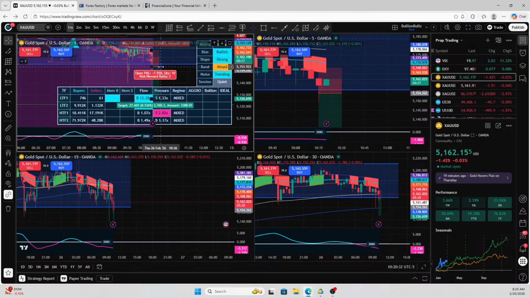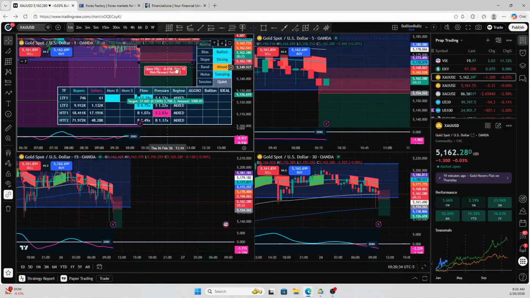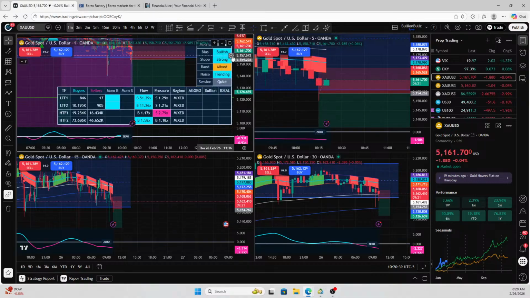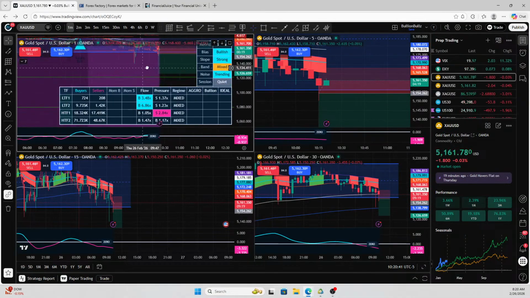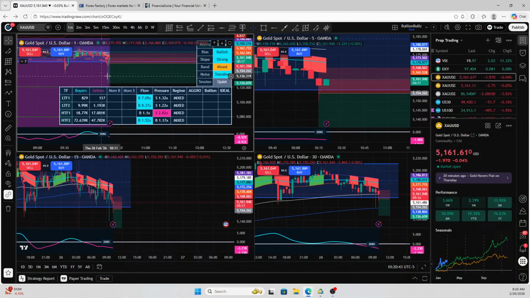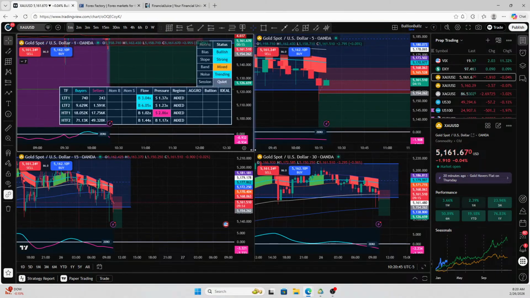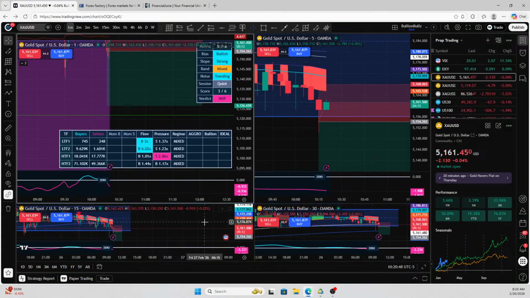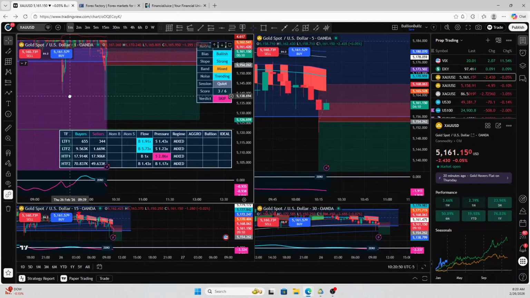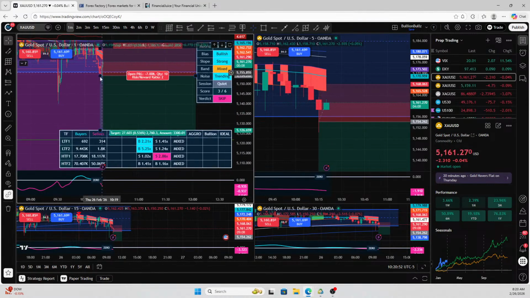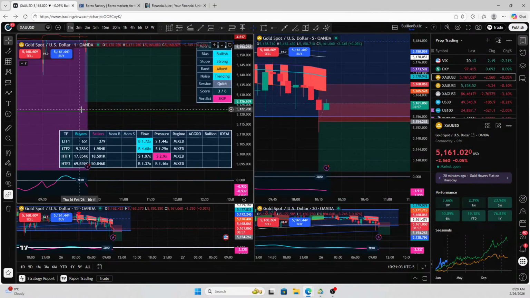Let's wait. Once the price comes back, we will like to enter here. Everything is still pointing towards the bearish side. We need to wait for the volume to start increasing to the sell side. If that happens, then we would go to the sell side and target this level right here.